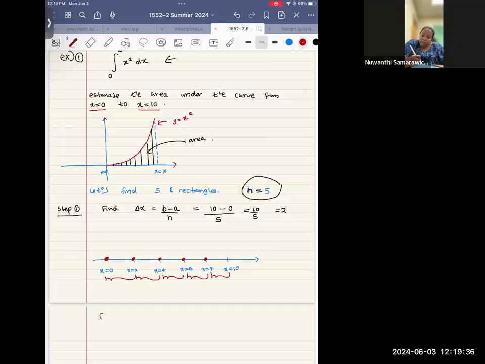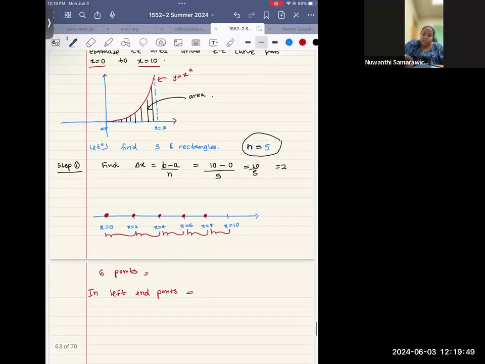So even though you have 6 points, if we take the left endpoint, we only consider the points 0, 2, 4, 6, and 8. Only 5 points.